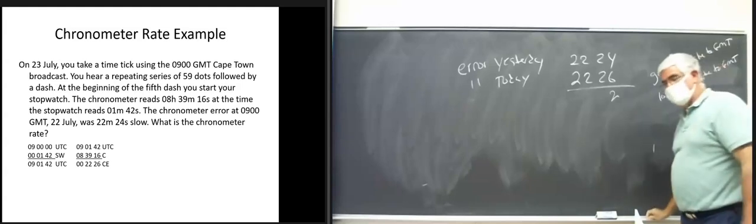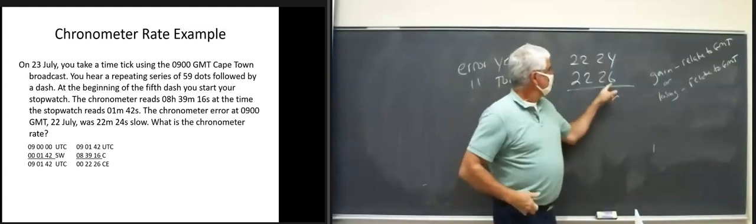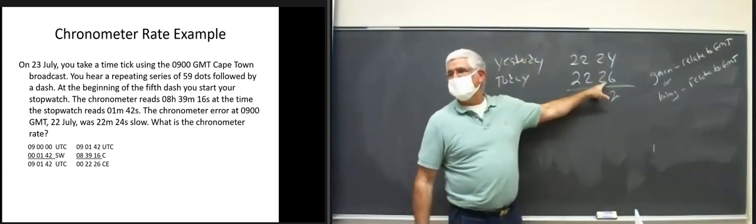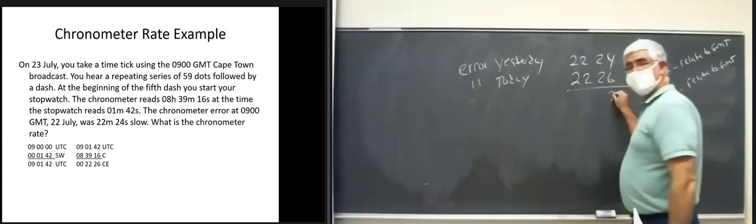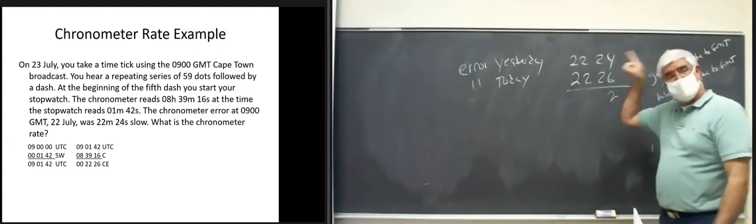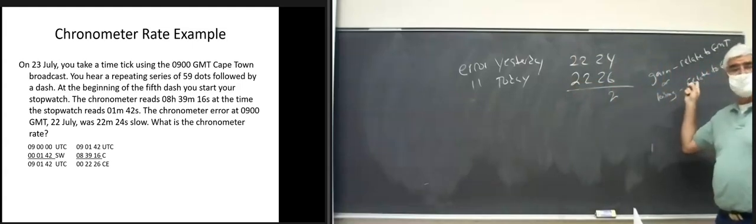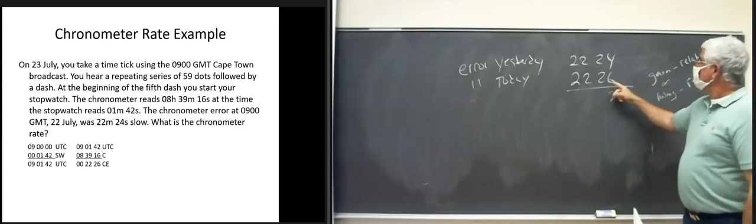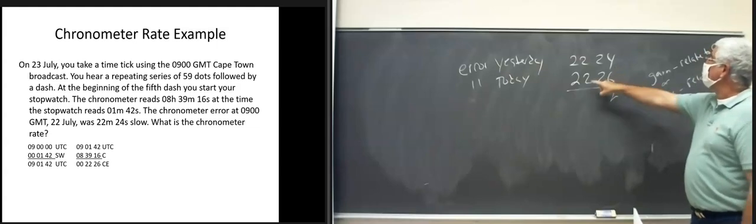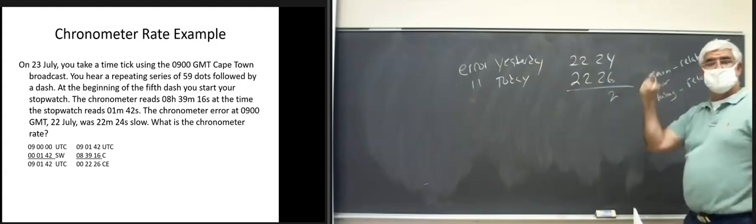So here's what it boils down to. It's 2 seconds farther off, which means it's 2 seconds further away from GMT, which means it's losing time. It's getting worse. However, if this was 22:20, it's 4 seconds closer to GMT.